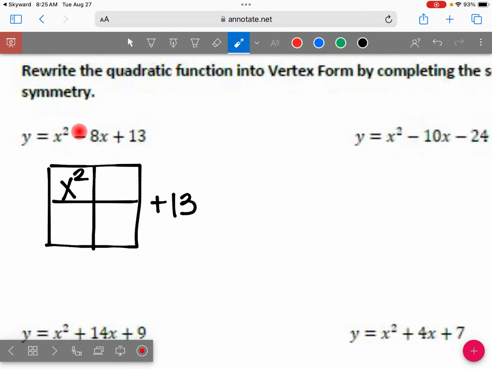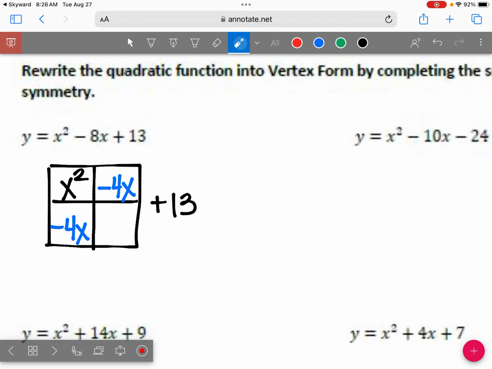Now you're going to take this number, whatever it is, and split it in half and put it in these two. So what's half of negative 8? Negative 4. So we're going to put a negative 4 here and here. Again, our square is incomplete.